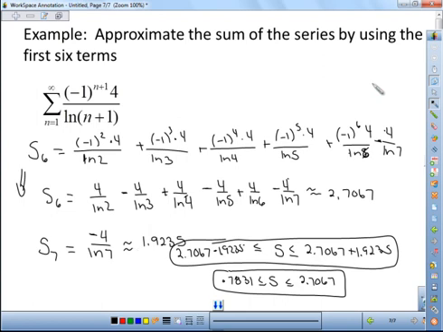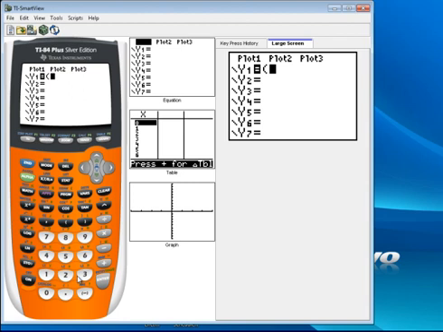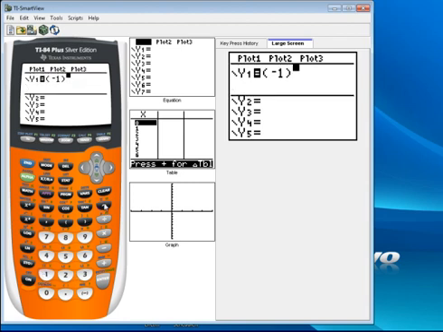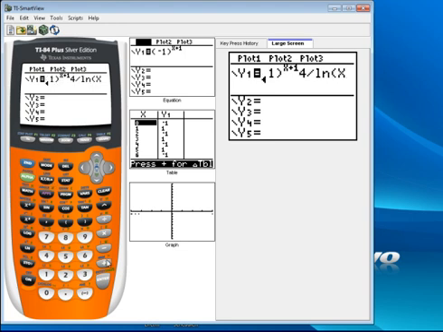Another way we can do this is by using our calculator. Come in here. So I'm going to put my, notice that it's in terms of x. So I'm just going to put that in here.